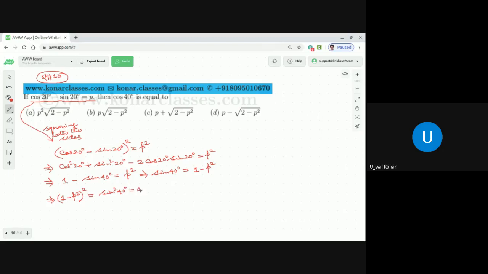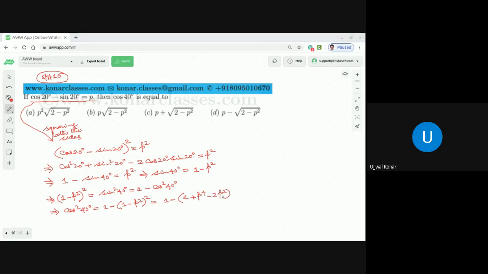That is equal to 1 minus cos square 40 degree. So cos square 40 degree then turns out to be 1 minus 1 minus p square whole square. That is equal to what? Let us find it out. 1 minus p square whole square is equal to 1 plus p power 4 minus 2p square.